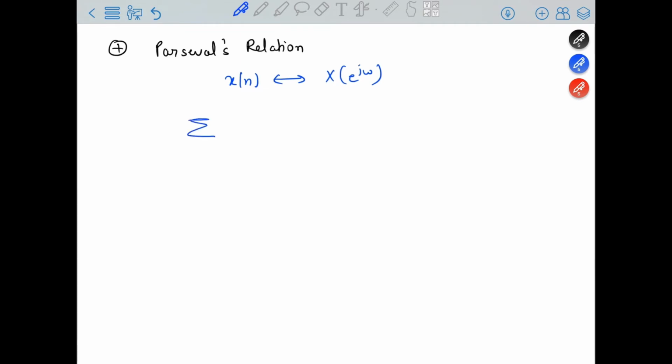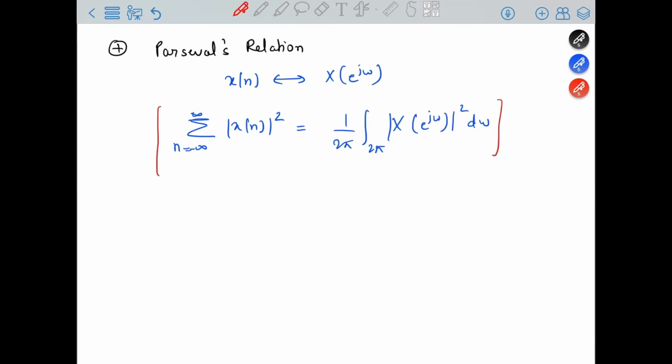The summation of mod x of n squared, n varying from minus infinity to plus infinity, represents the energy of the signal, which will be equal to 1 over 2 pi integral over 2 pi of mod X of e raised to the power j omega squared d omega. So we get the energy from this formula from either domain.